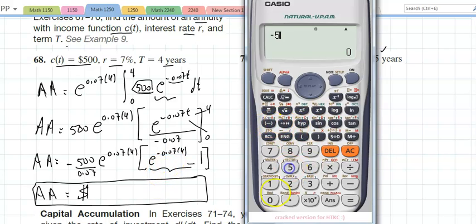Negative 500 times e raised to the 0.07 times 4, close parentheses, that's the top, right?